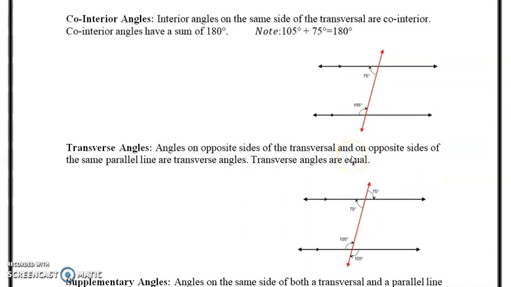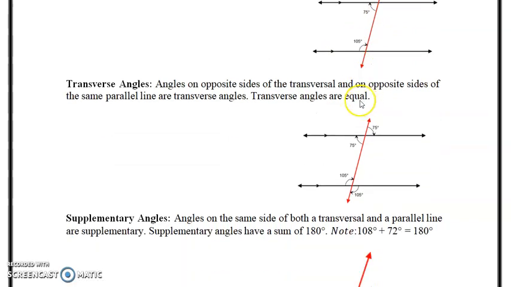They're interior angles on the same side of the transversal. And they will have a sum of 180. So they're on the same side of the transversal, co-interior, so 75 and 105, they add up to be 180. Okay? Transverse angles, angles on opposite sides of the transversal and on opposite sides of the same parallel lines, are called transverse angles, and they're also equal.